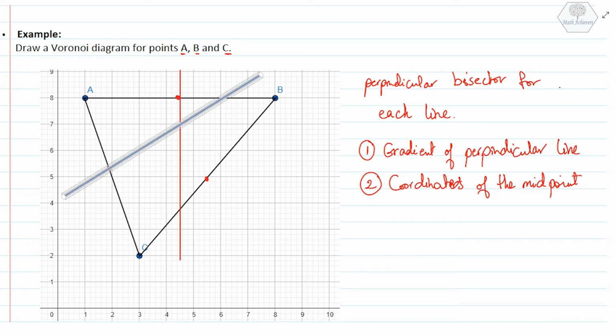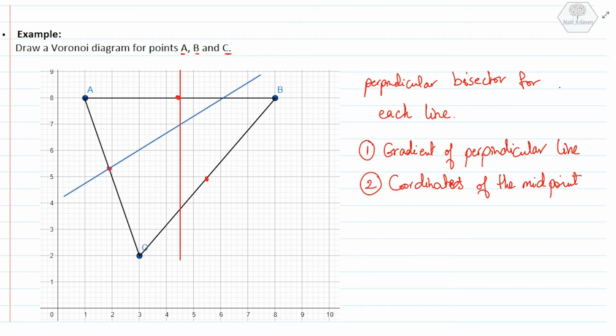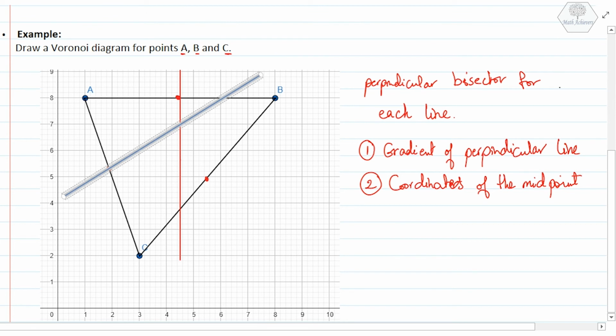Also, I want to draw the perpendicular bisector between B and C. I'll draw it in green color this time. So this is the perpendicular bisector between B and C.